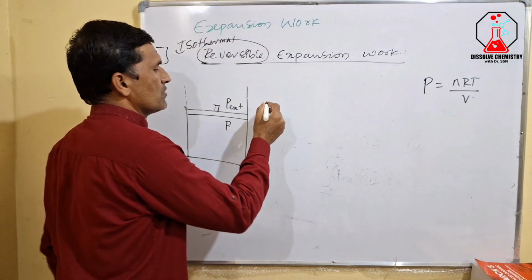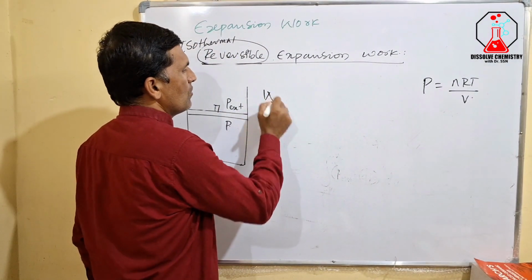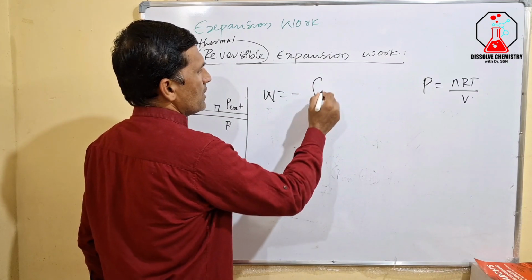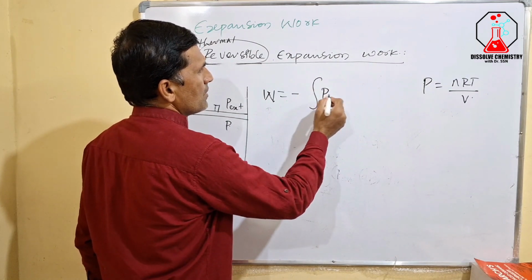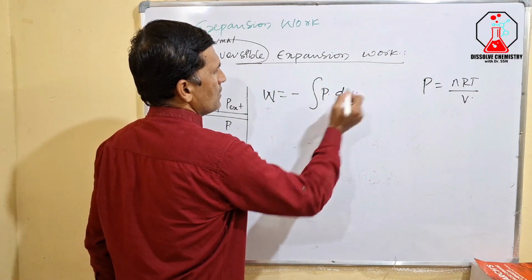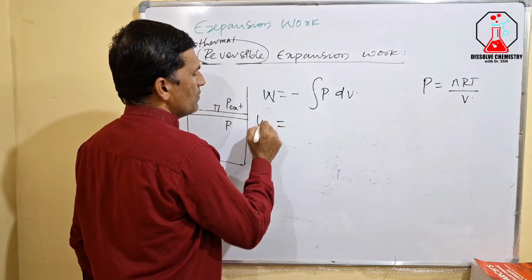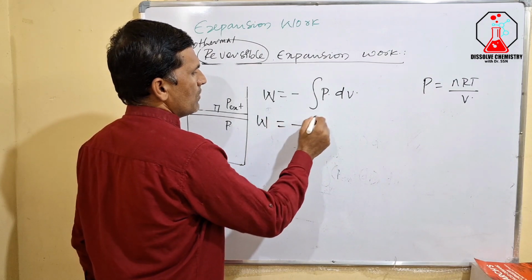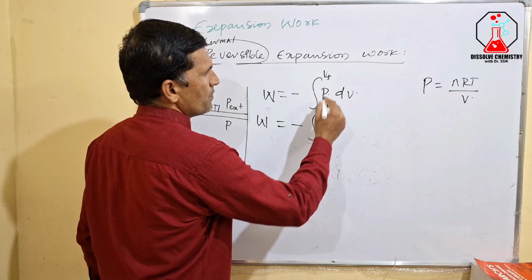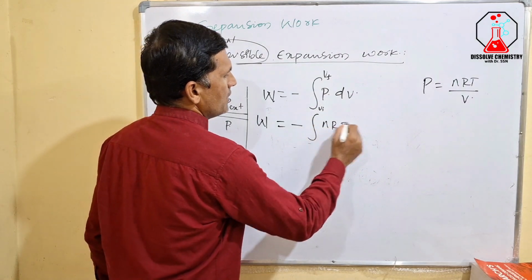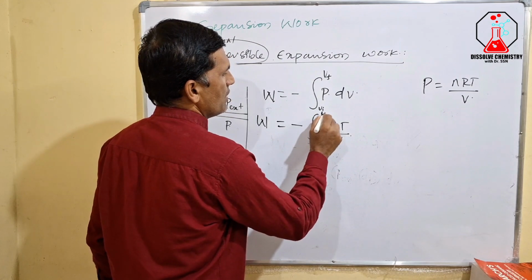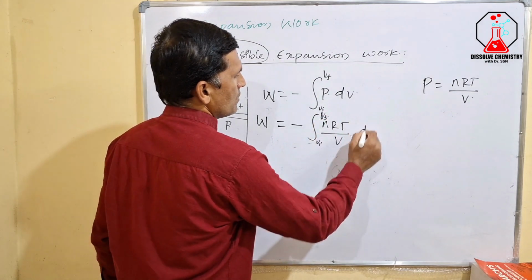In isothermal condition, work done will be W is equal to minus the integral of nRT by V dV, from V initial to V final.